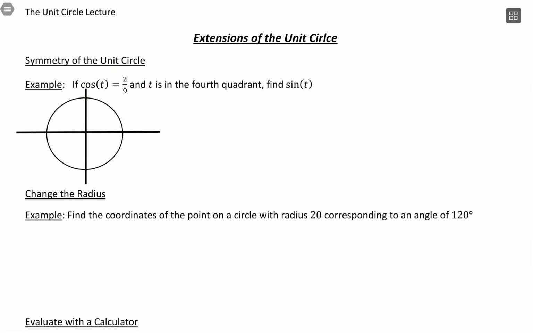Okay, there's our right triangle. And what we know is that this distance along the x-axis, that's our 2/9. What we also know is the radius. Because we're on our unit circle, this radius right here is 1.